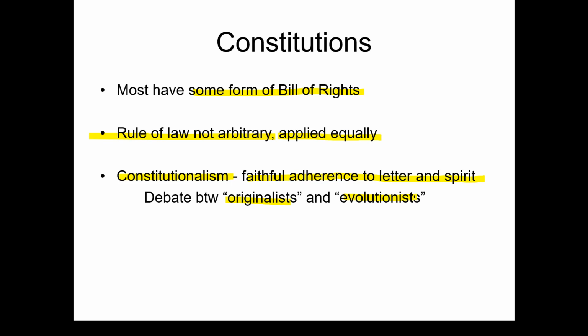The originalists have sometimes taken it to an extreme and say, well, the original framers of the Constitution did not have women voting. And so therefore, does that mean that women shouldn't vote because they couldn't vote when the original thing was written?